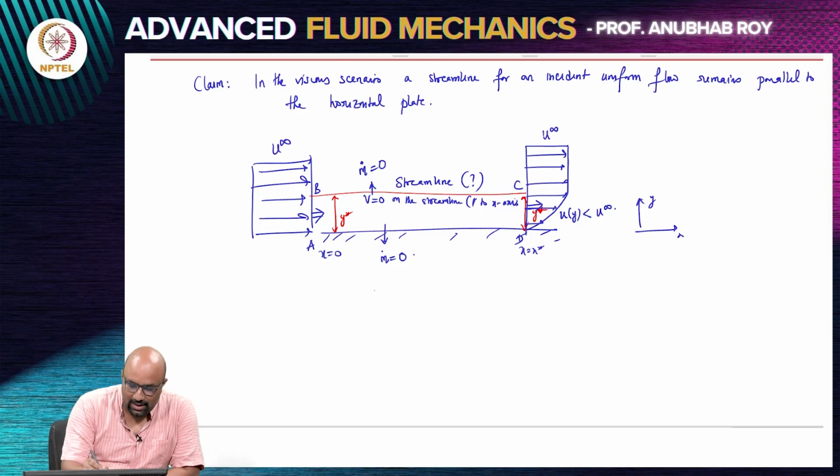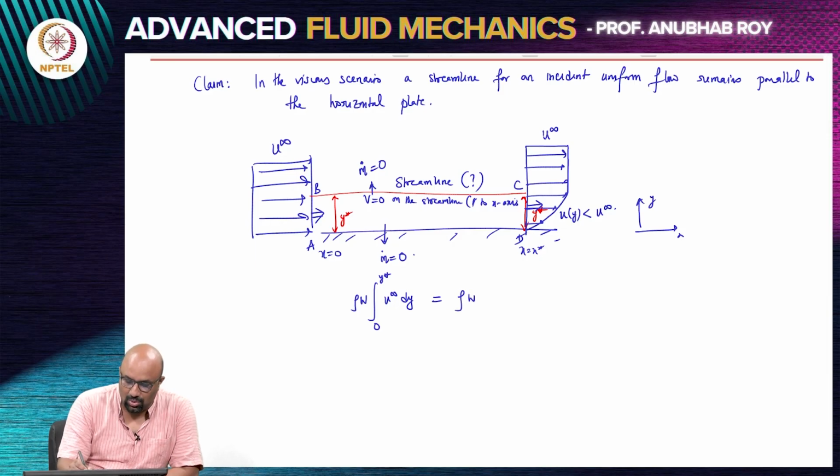Mass coming in from the left hand side is the integral from 0 to y star of u infinity dy, times rho and whatever is the width coming out of the plane. This should be equal to rho times the width, the integral from 0 to y star of u of y dy.